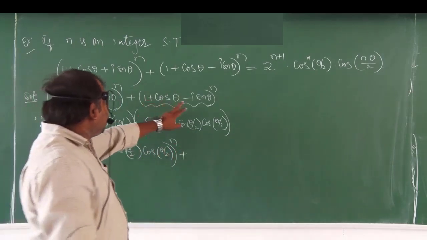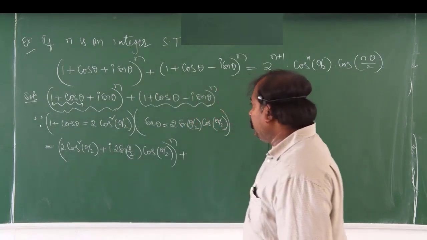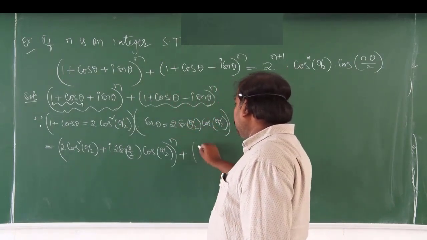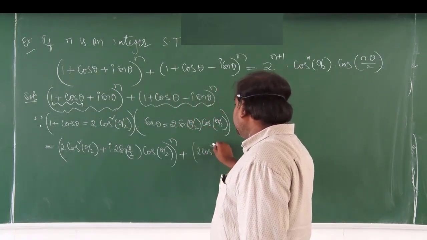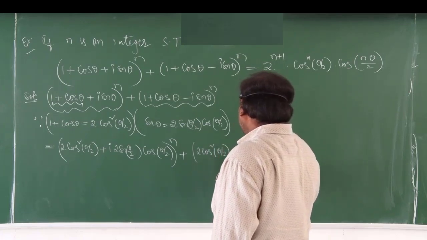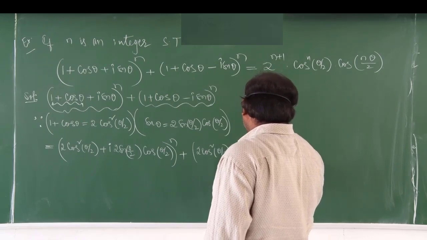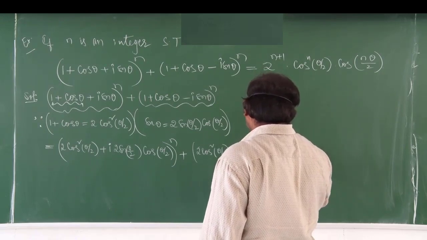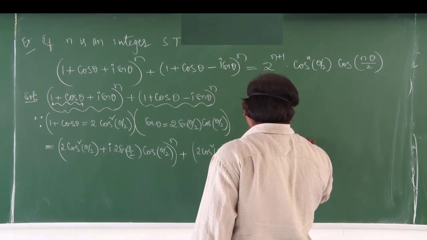Similarly, here also apply the same formula: 1 + cos θ means 2 cos²(θ/2), minus i into 2 sin(θ/2) cos(θ/2), whole power n.